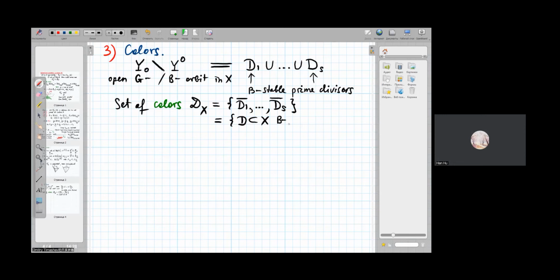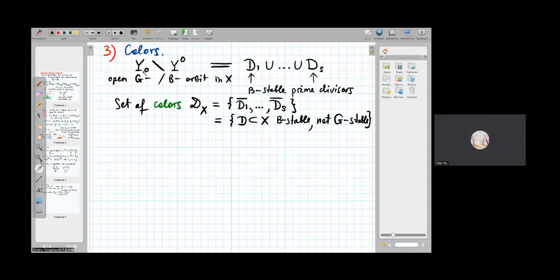Okay, so the set of colors can be also defined as the set of all prime divisors in X, which are B-stable, but not G-stable. G-stable means that a G-stable divisor lies in the complement of Y lower naught, in the complement of this open G orbit.